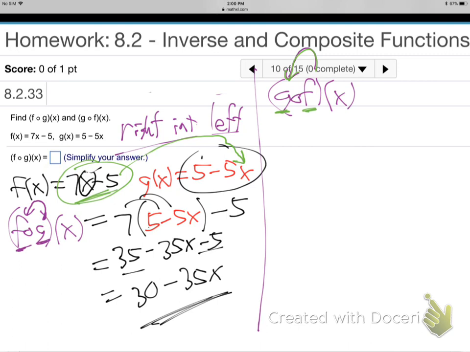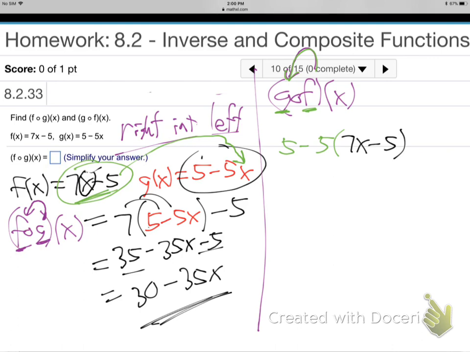Everybody see that? 5 minus 5 times, and then here comes all of f. Everybody see that? See how I put all of f into g's x slot?